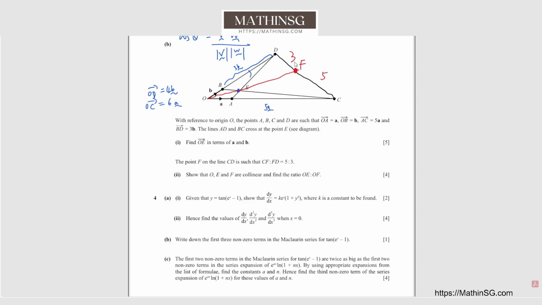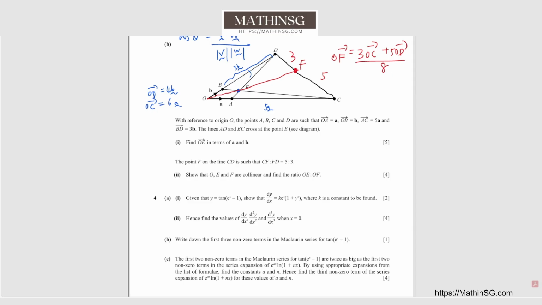Okay, so let's find OF. By ratio theorem, OF is equal to 3 OC plus 5 OD over 3 plus 5, which is 8. So you can first find OF, then after that we try to show that OE and OF are collinear.